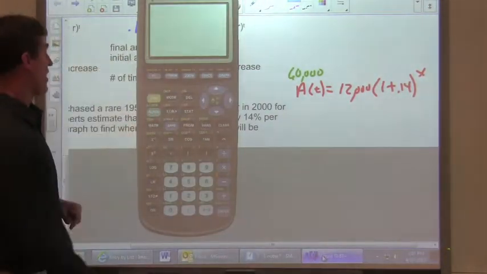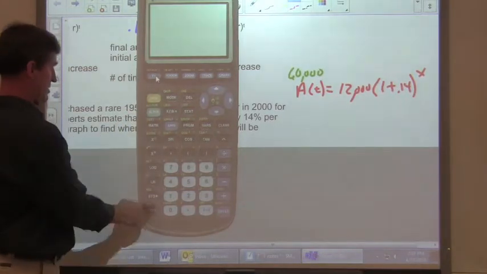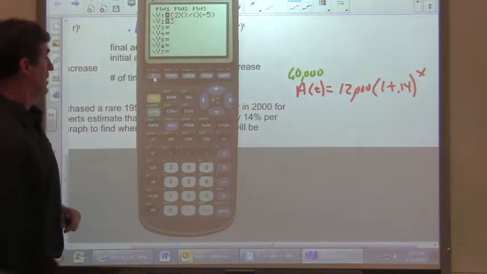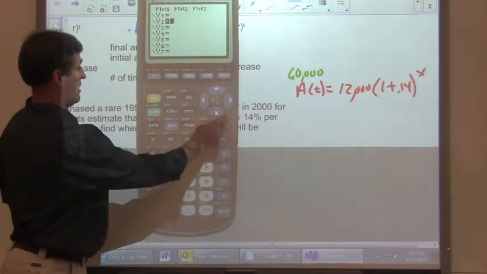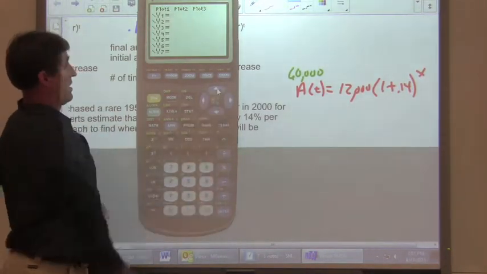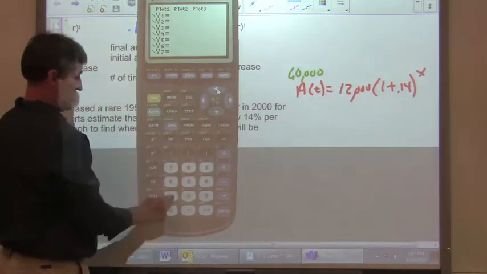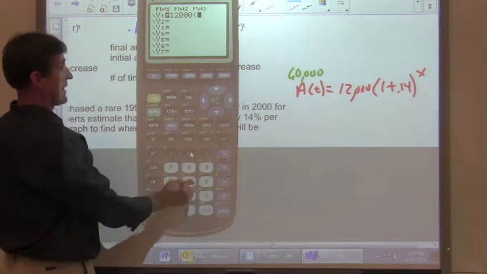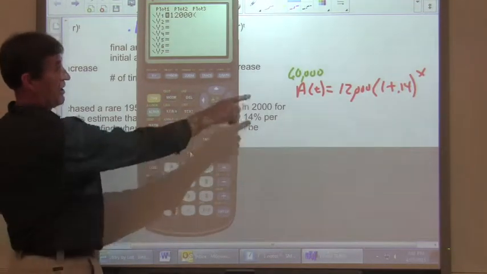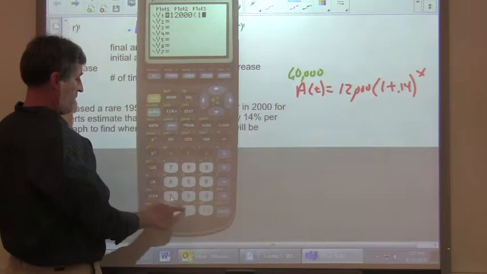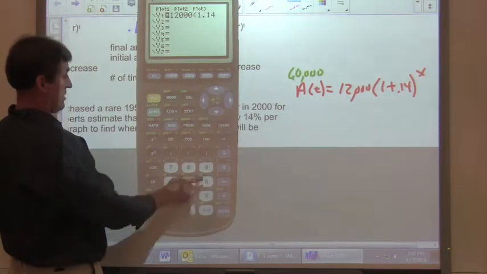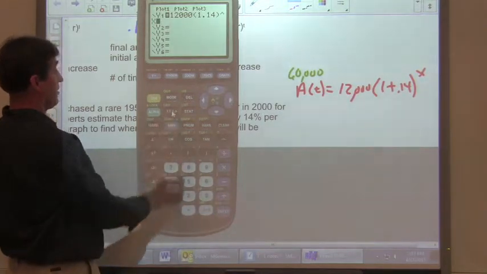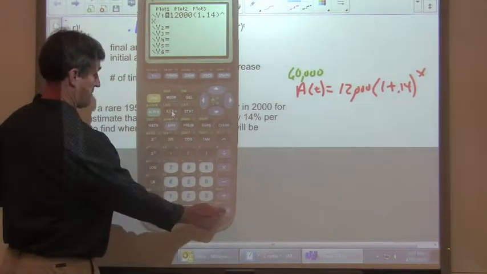And if we bring up the graphing calculator, we just go to y equals, so we type in the equation, 12,000, and then in parentheses, I'm just going to add 1 plus 0.14, so 1.14, and then we're just going to put in a variable for the exponent, x.